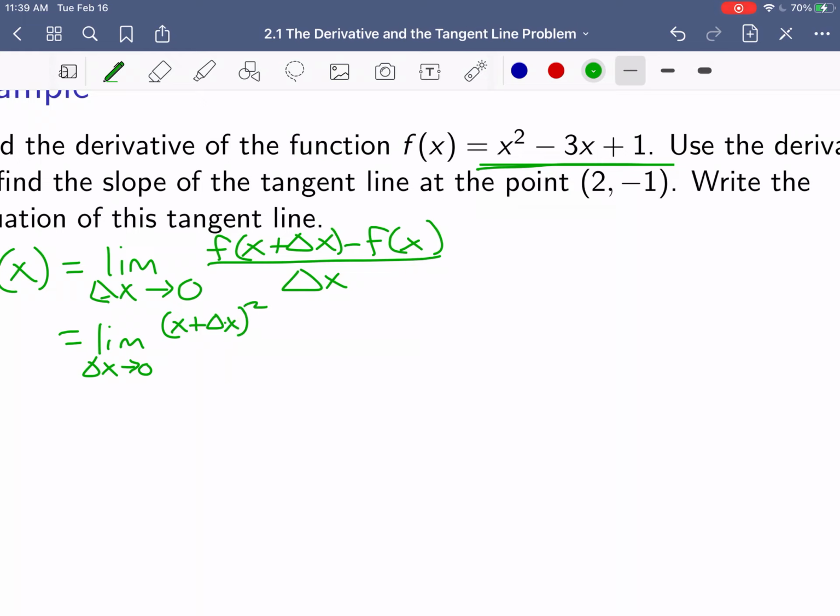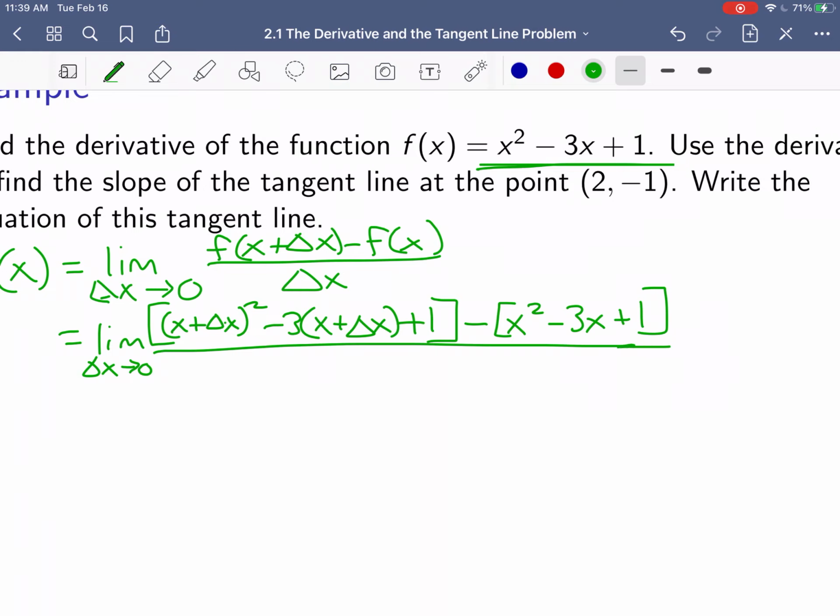So we replace the first x with x plus delta x, minus 3 times x plus delta x, plus 1. So that's all f of x plus delta x. And then we're going to subtract f of x. So f of x is x squared minus 3x plus 1. And all of that's divided by delta x.